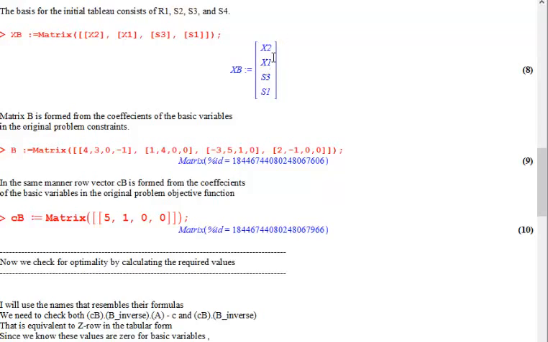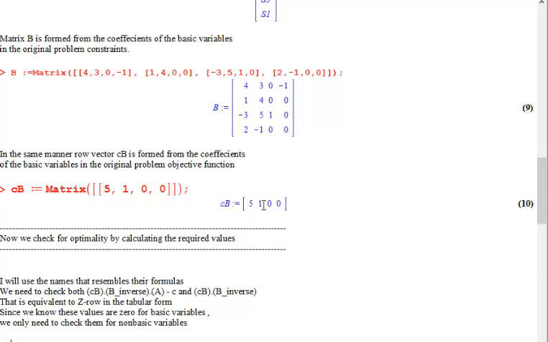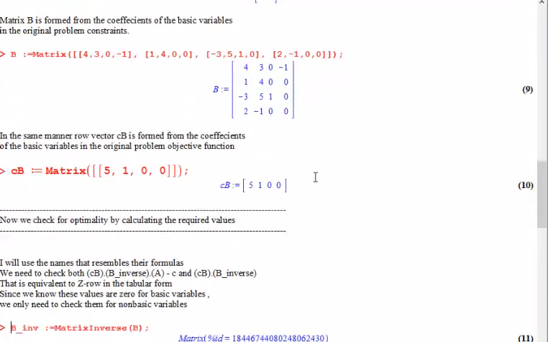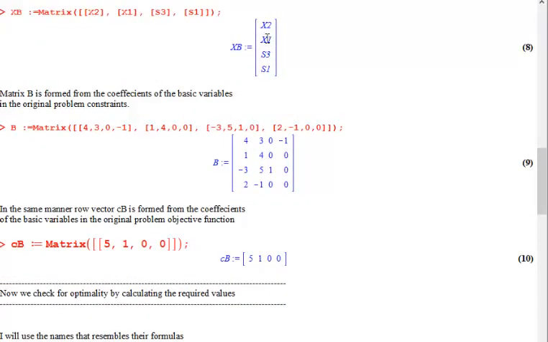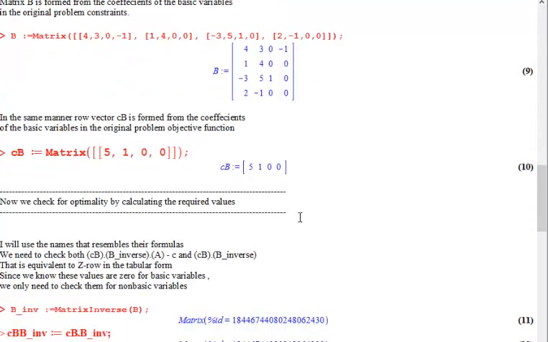Now my new basis is X2, X1, S3, and S1. Accordingly, I will set up the B based on these values, and similarly the CB based on these values. Now the coefficient of x1 in here, which is 1 in the objective function, has replaced the coefficient of x3 that I had in here.